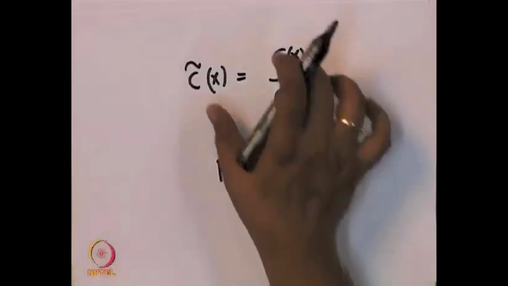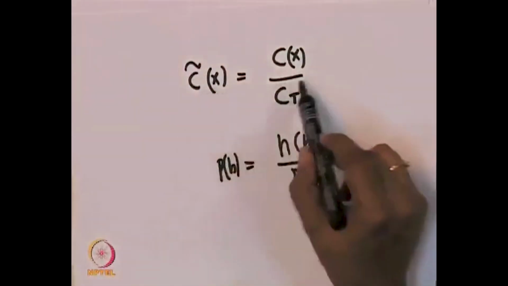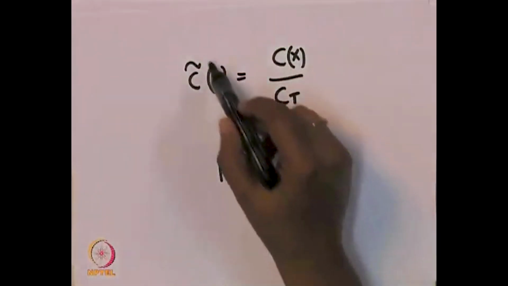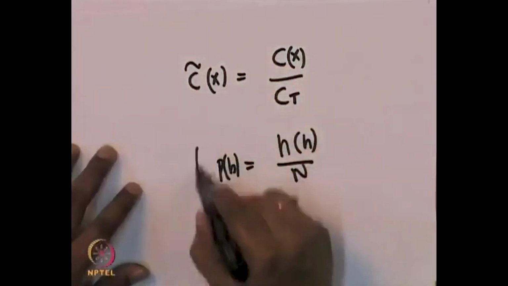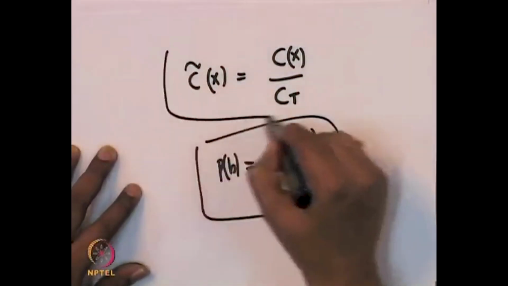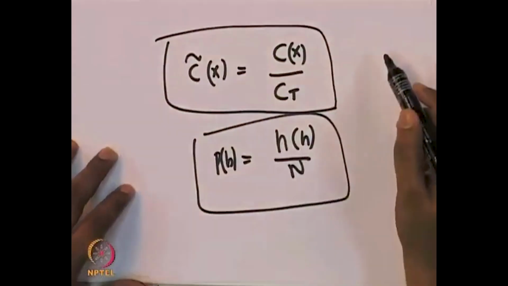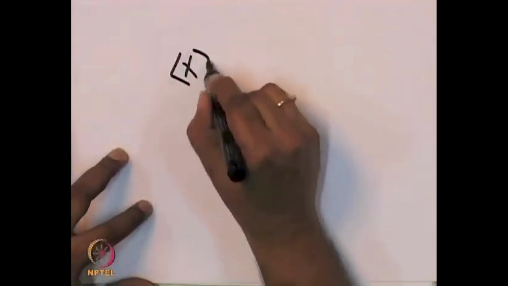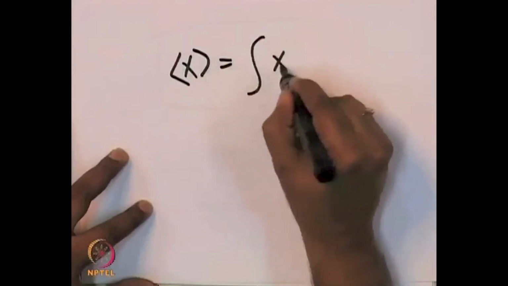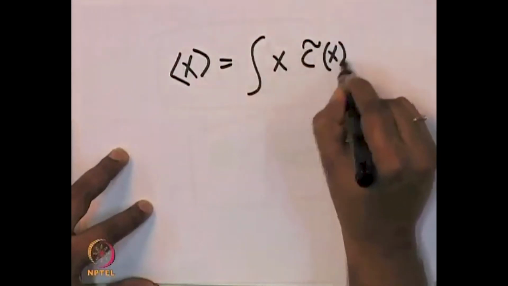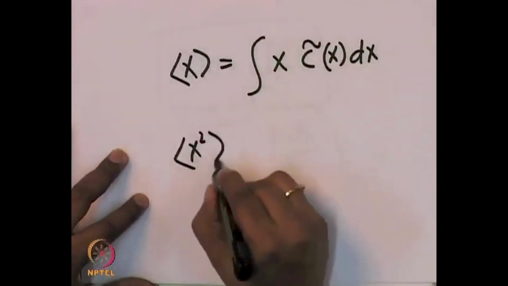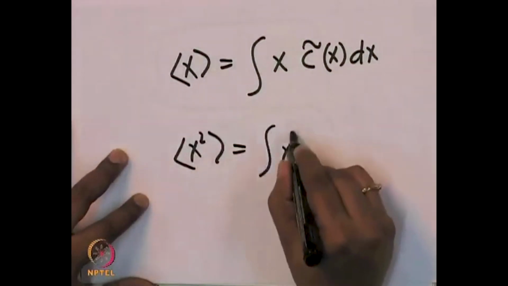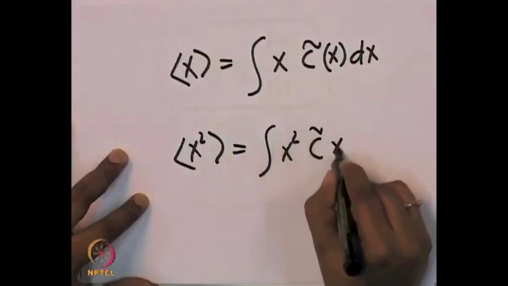This is exactly the same way we had defined concentration. So, this appeared like a probability, and we had defined x average as integral x C tilde of x dx and x square average as integral x square C tilde of x dx.